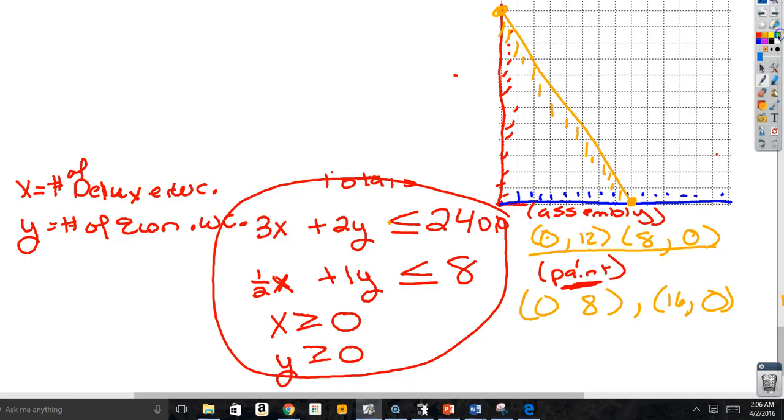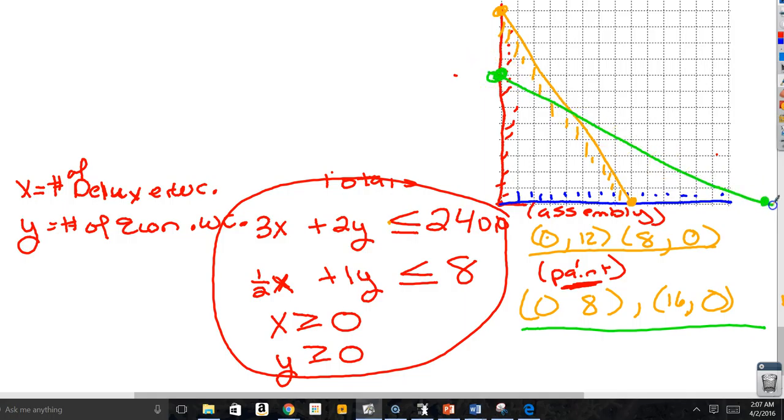Alright. Now I'm going to graph this one. 0, 8, 1, 2, 3, 4, 5, 6, 7, 8. 16, 0. So this was 8, 9, 10, 11, 12, 13, 14, 15, about right here. Solid line. And it says less than, so it would be this side.